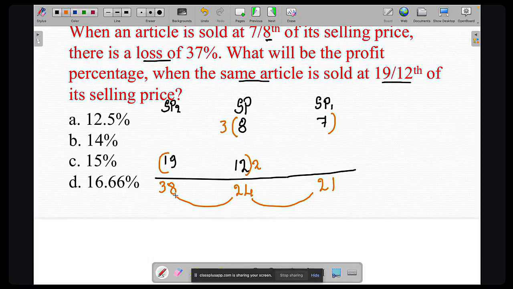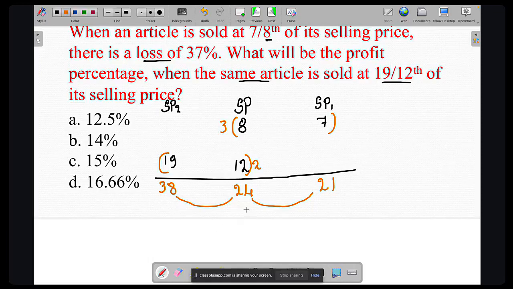Shall I solve? Once again. Yes, sir. Think for 1 minute. I will give you time. The question is a little tough. The language is tough. See, I will show you the method to do it.